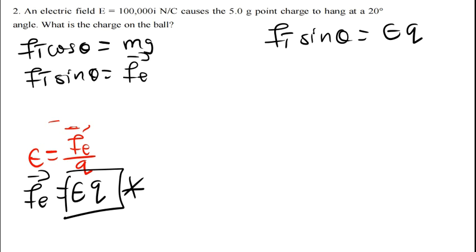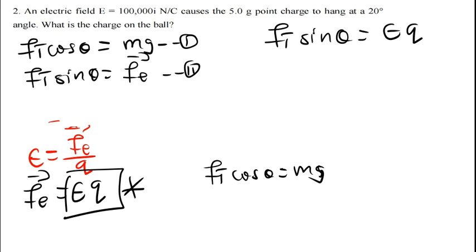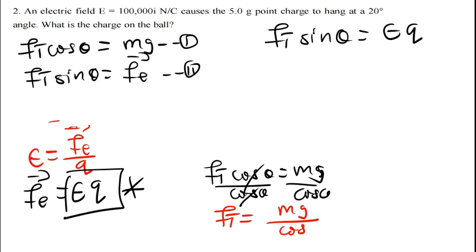How can I eliminate the tension force? Let's make the tension force the subject of the formula in the first equation. In the first equation, Ft cos theta is equal to mg, let's divide both sides by cos theta. Even here, cos theta. What do we expect? These will cancel. We will have Ft equal to mg divided by cos theta.